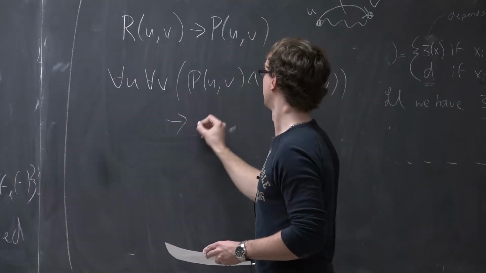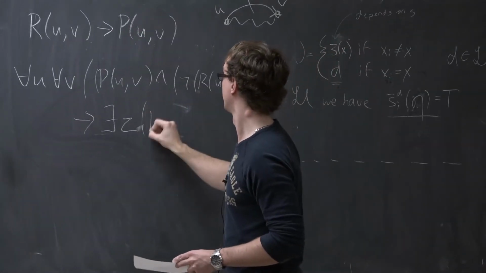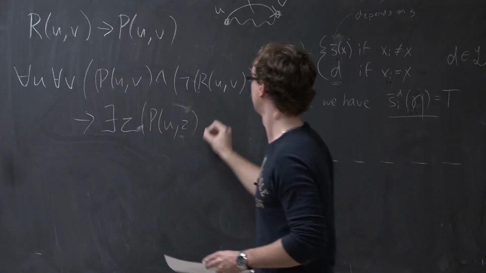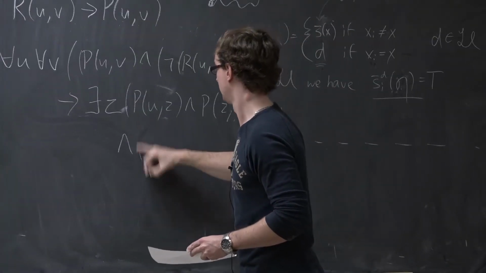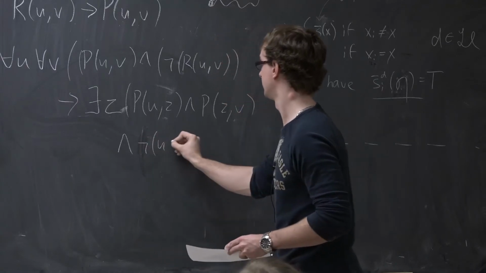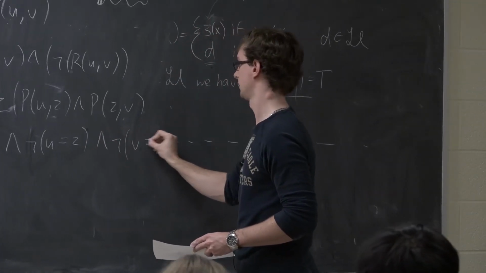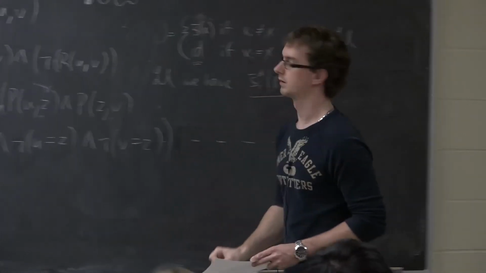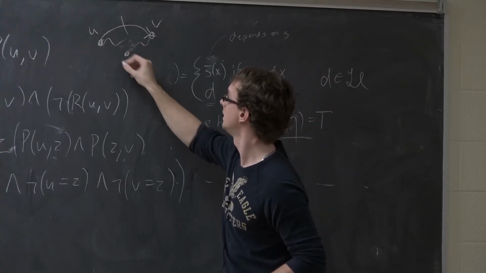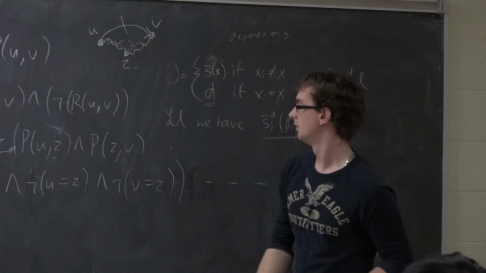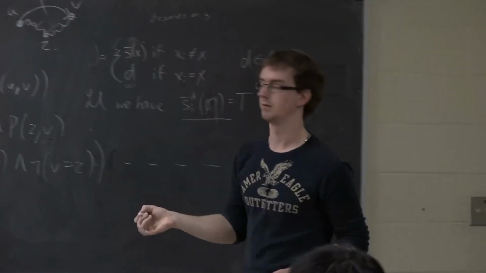If this is the case, then there must exist some Z such that there's a path from U to Z, and there's a path from Z to V, and U is not Z, and V is not Z. So if they're connected by some path, then there must be some intermediate node Z such that U is connected to Z and Z is connected to V, but Z is neither U nor V.